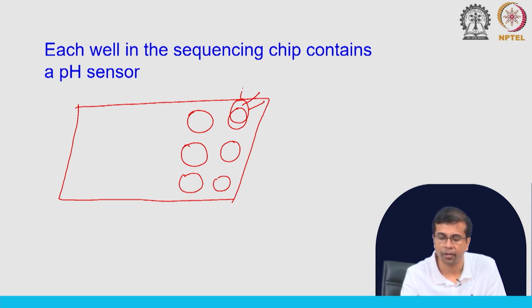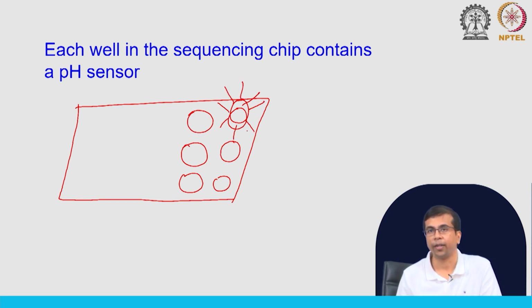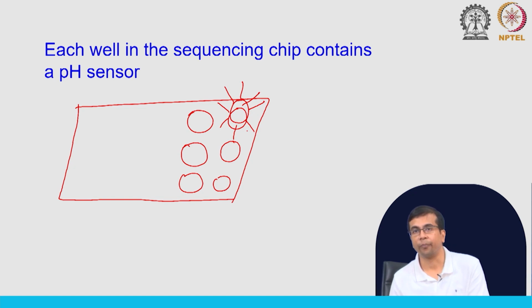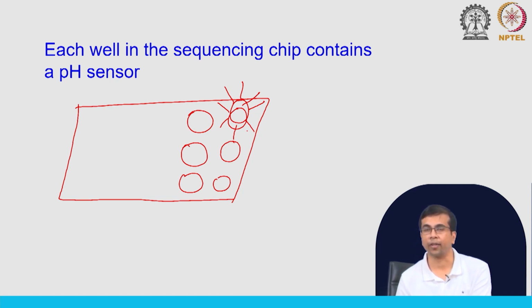Each bead will have these DNA molecules attached to it. Each well will have a pH sensor at the bottom of the well. As you can imagine, this method relies on detection of H plus ions, that is, the change in the H plus ion concentration.